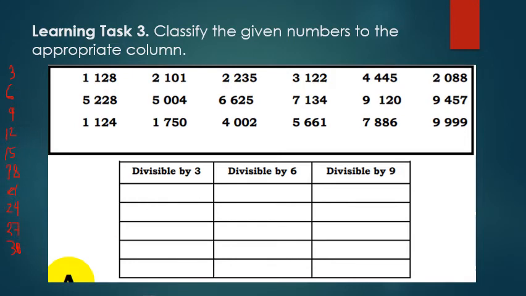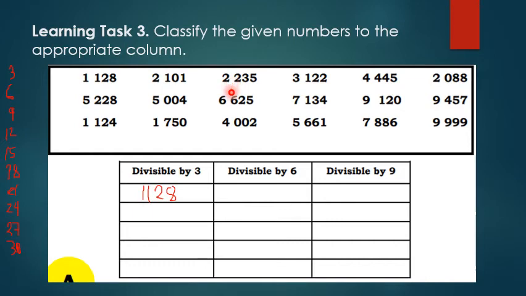So ibig sabihin, ang 1,128 ay divisible sa 3. Okay, so next, 2,101. So 2 plus 1 is 3, plus 0 is 3, plus 1 is 4. Nandito po ba yung 4? So hindi po. So hindi natin siya ilalagay dito.